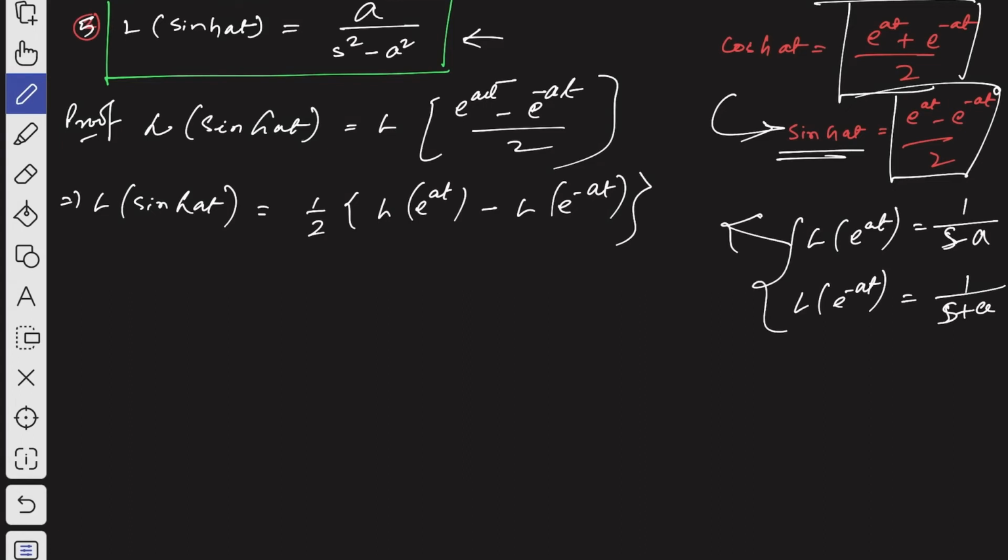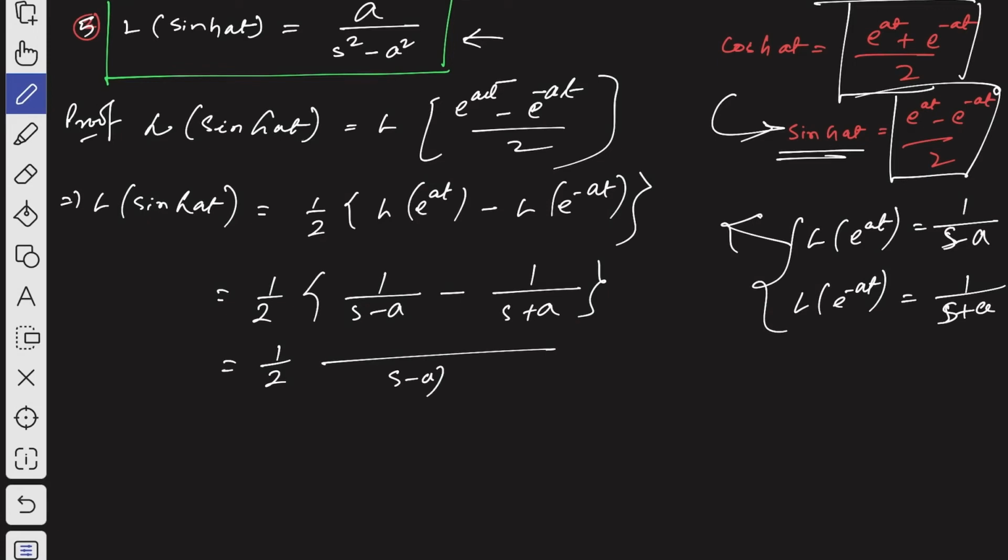Then putting those two results, you will get 1 by 2, 1 by s minus a minus 1 by s plus a. Now let us take LCM and simplify. s minus a into s plus a, and s plus a minus s minus a. That's what you will get, right?